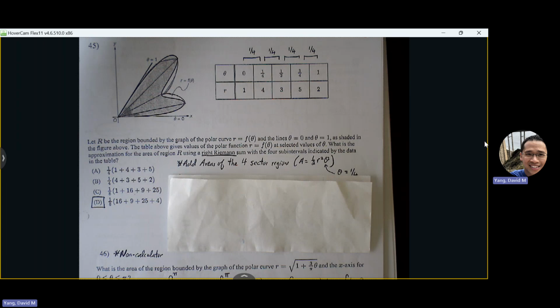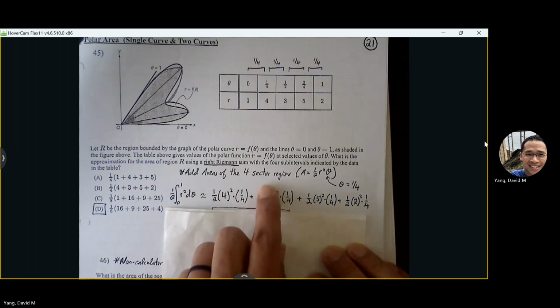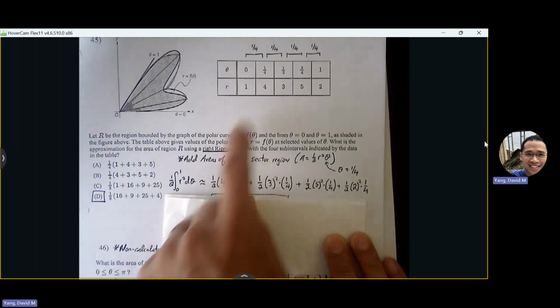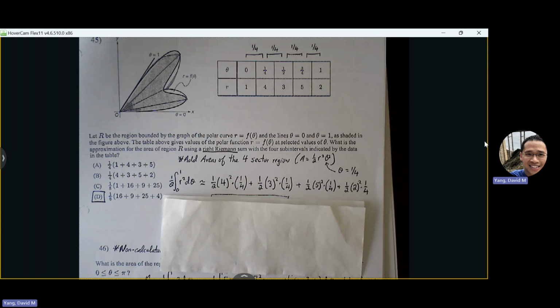We know that the area of each of the sector regions is formed by 1/2 r squared theta. Our theta for each subinterval is 1/4, so we can just do theta times r squared. And we want the right Riemann sum, so that means we're going to pick the r value on the right side of each subinterval.